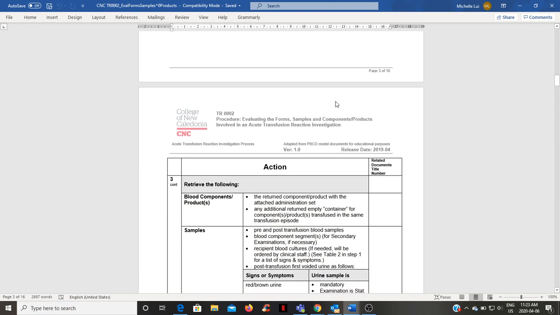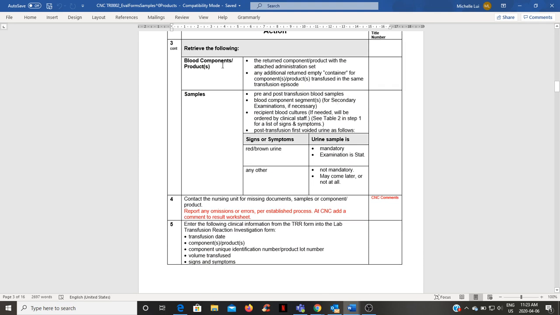So we're going to gather everything together. We have the returned component with the attached set, and we have samples. So we're going to pull out the pre-transfusion samples from the fridge as well. So we have pre and now post. We can pull out that unit segment from the fridge in case we need that.